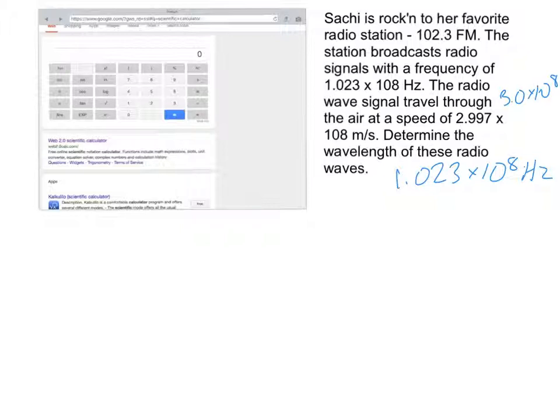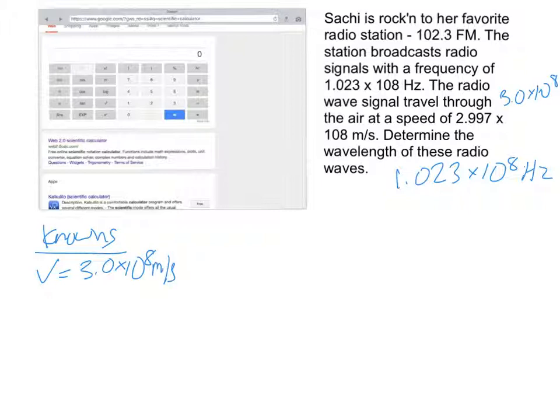So what I like to start with is identifying what I know. Okay, so my knowns are as follows. I know the wave speed is equal to 3.0 times 10 to the 8th meters per second.